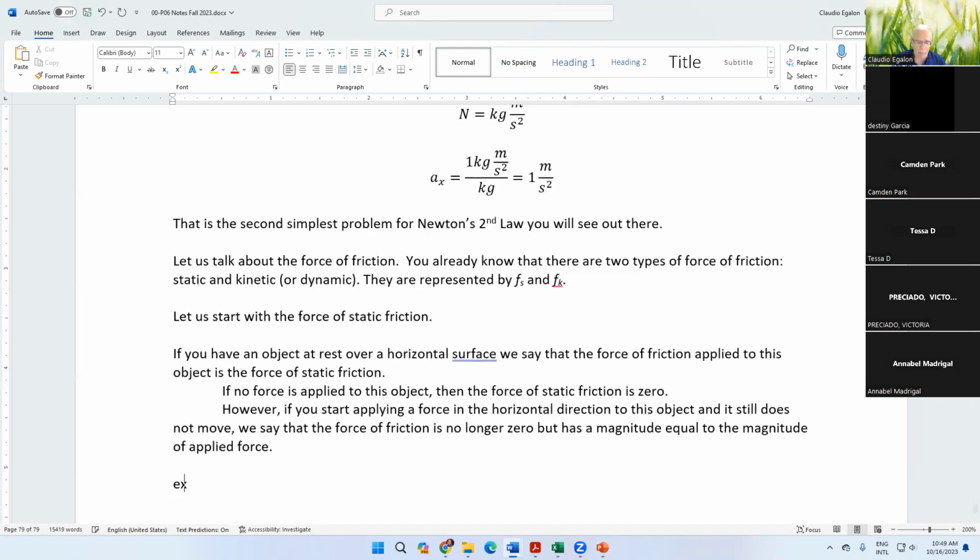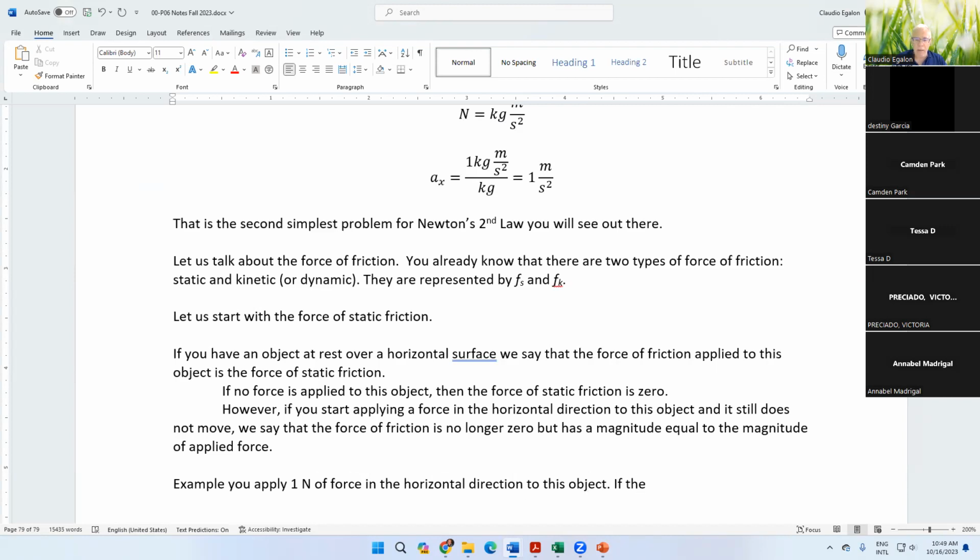So let's say, for example, you apply 1 Newton of force in the horizontal direction to this object.